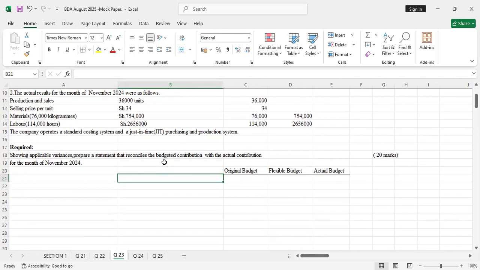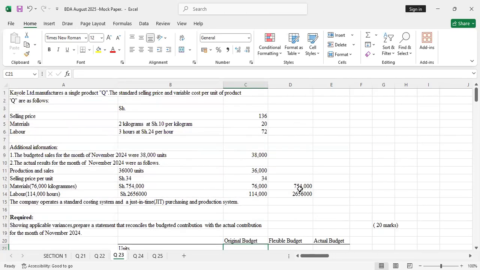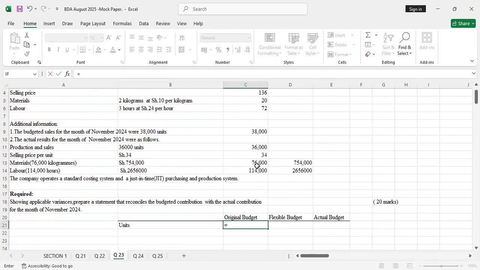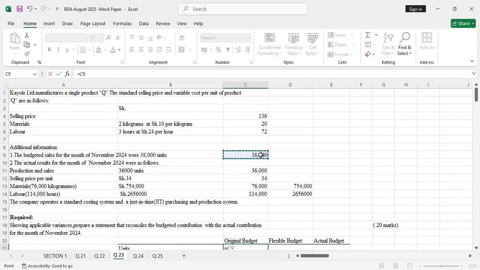We are going to start by the number of units. What was the unit on the original budget? We are told that the budgeted sales for the month of November 2024 were 38,000 units, so that's what you'll select here.